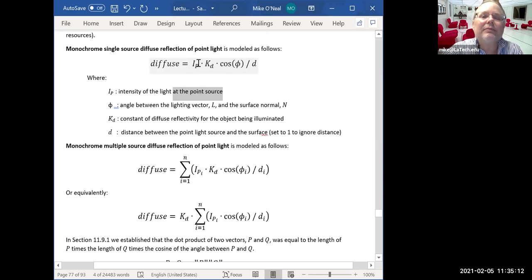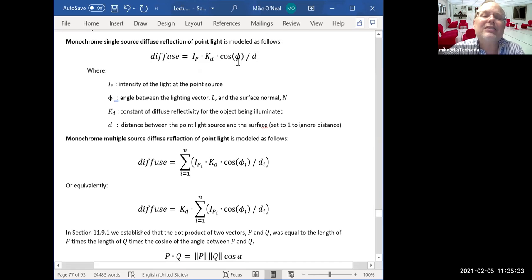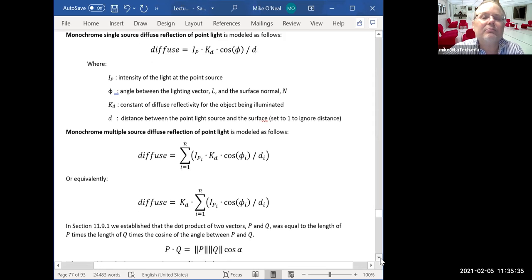If you're not thinking of it in that way, then you can attenuate it by a distance amount. And again, the models in things like Unreal use these, and their models may be even a little bit more complex. But this is in general how lighting works for the diffuse component.